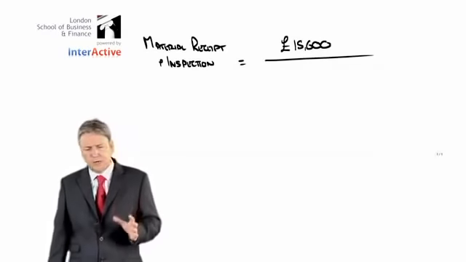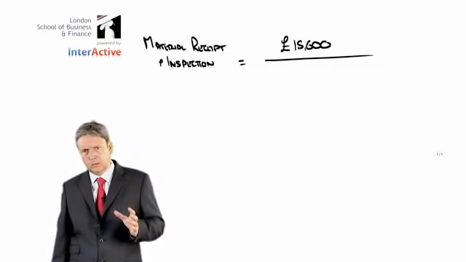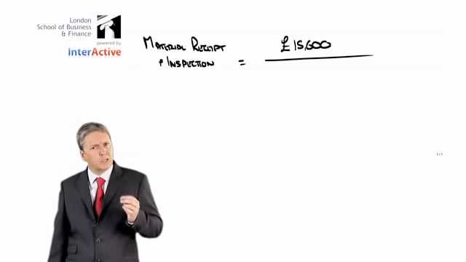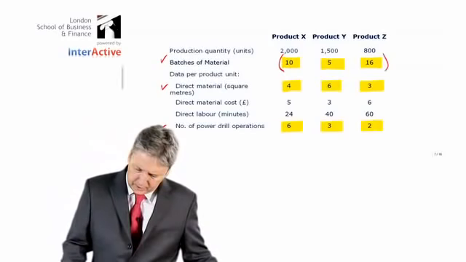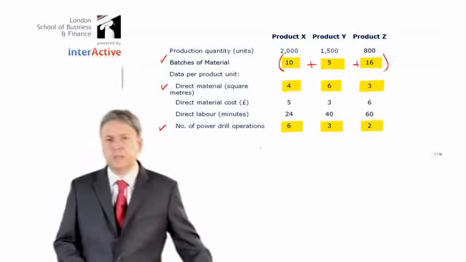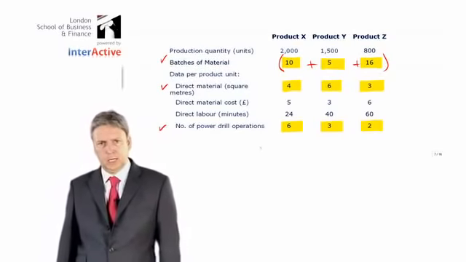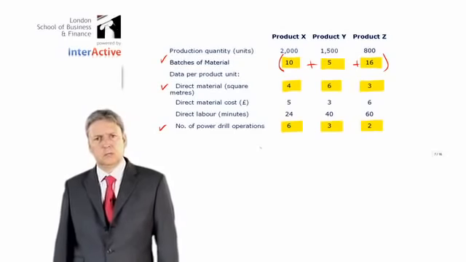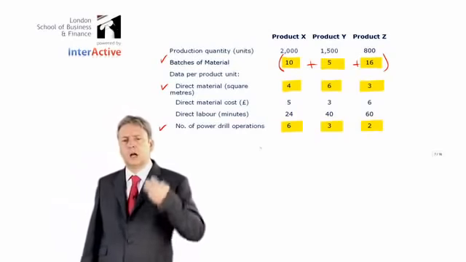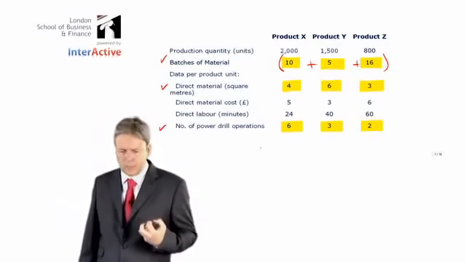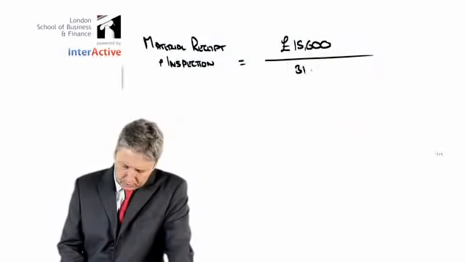And we said that with material receipt and inspection, we were using batches of material. Well, okay, let's go and pick those batches up. If we look at the batches, we've got 10 plus 5 plus 16. Looks a bit odd. Not many batches there. But remember, the batches of material are already in total terms, aren't they? So we had 31 batches in all.